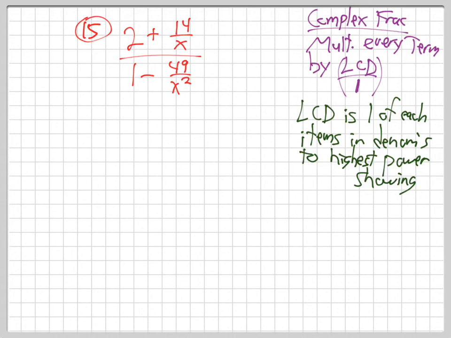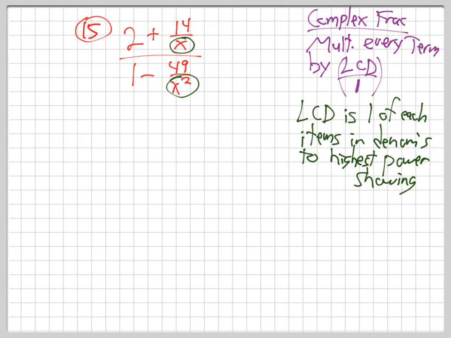So, as I look up at that original fractions over fractions, let's take a look at what things are under the bars. This and this. Those are the denominators, right? Those are the only denominators. So I've got to take a simple x and an x squared and put them together somehow to make an LCD, a least common denominator.